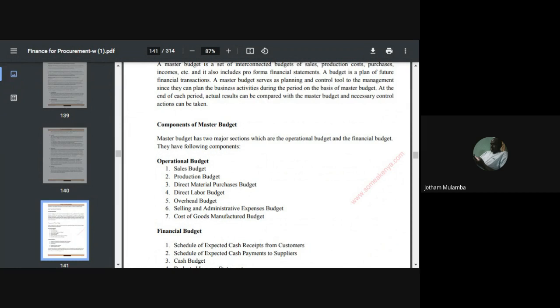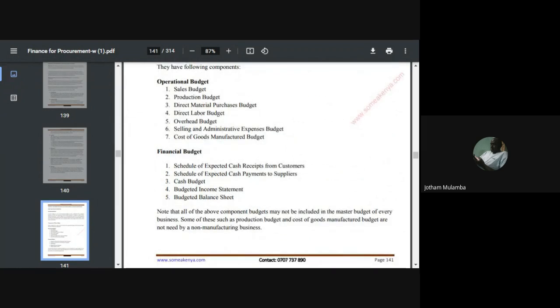Then we'll also have the financial budget as part of the master budget. The financial budget is what we are estimating: how much money we are likely to raise as additional capital, how much we are likely to pay out as dividends, how much we are likely to pay out or get, and all that. Those are the plans that we make with the financial budget.